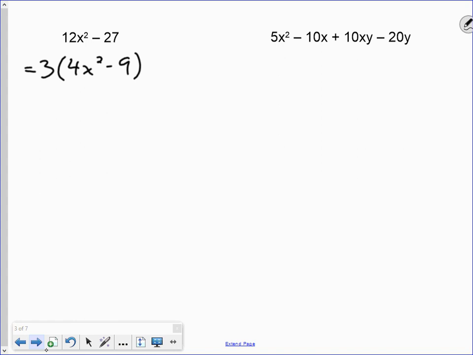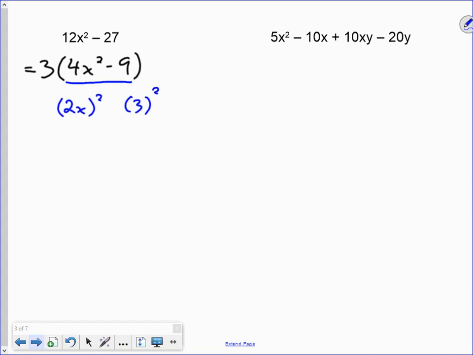Once we've done our common factoring, we're not done with the question. We want to look at this thing that we have here and ask ourselves, can we factor this any more? And because it has 2 terms, this could possibly be a difference of squares. Let's look at this. That 4x squared is (2x) all squared. The 9 is 3 all squared.